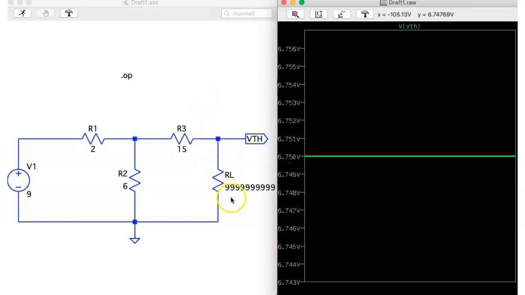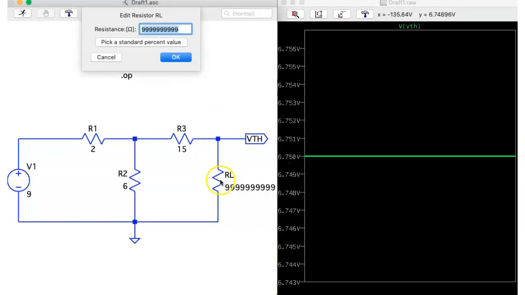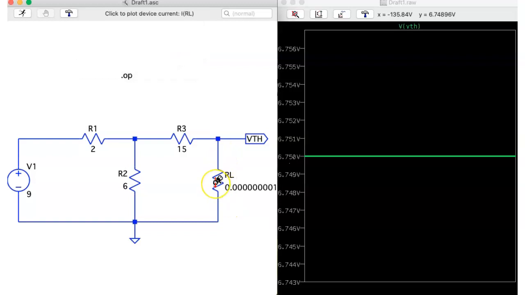To find out the short circuit current, the value of this resistance is reduced to 0, that means this path is short circuited. Let the value of this load resistance be 0.0000000001, that means this resistance is very small, so this path may be assumed as a short circuit. That means this terminal and this terminal are short circuited.